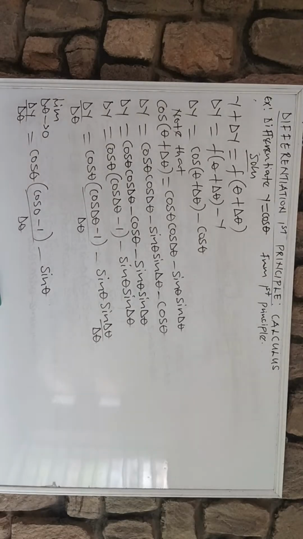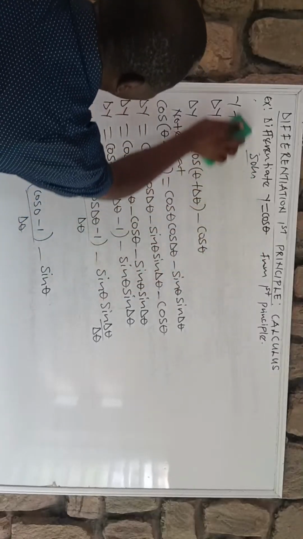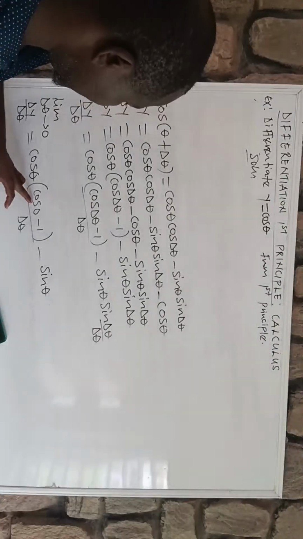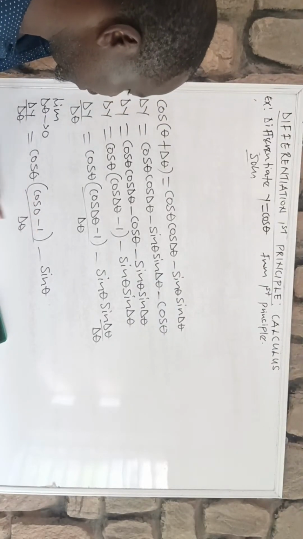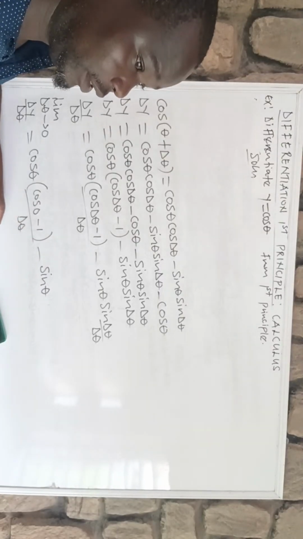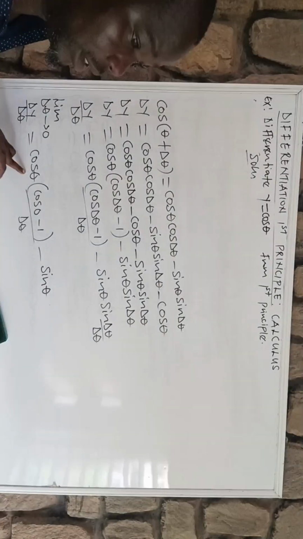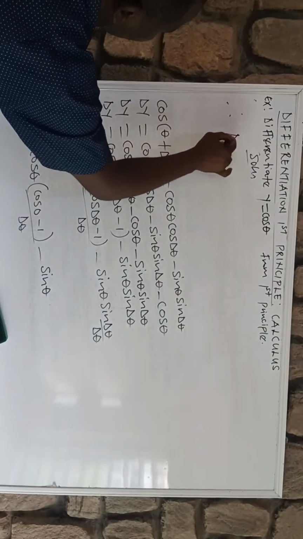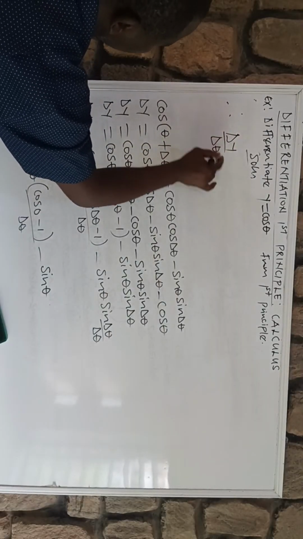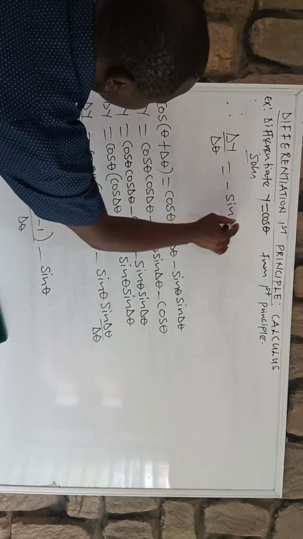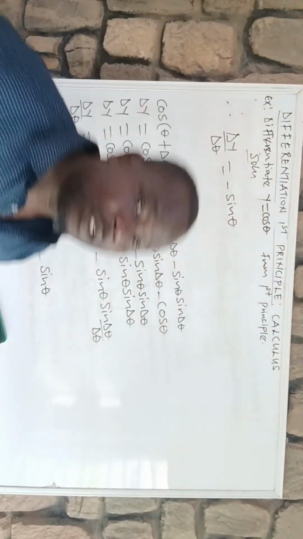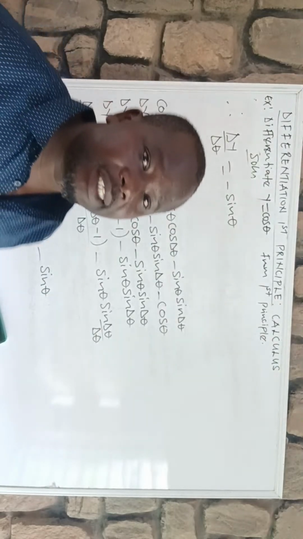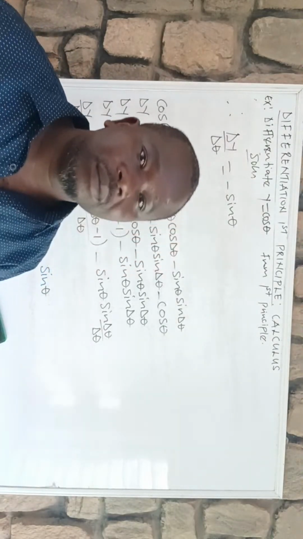Then this implies that cos 0 is 1, so 1 minus 1 is 0. Divide by delta theta is 0. 0 times cos theta is 0. So you can now see that, therefore, our dy over d theta is equal to minus sin theta. So this is how to differentiate tan theta, sin theta, and cos theta from first principle.